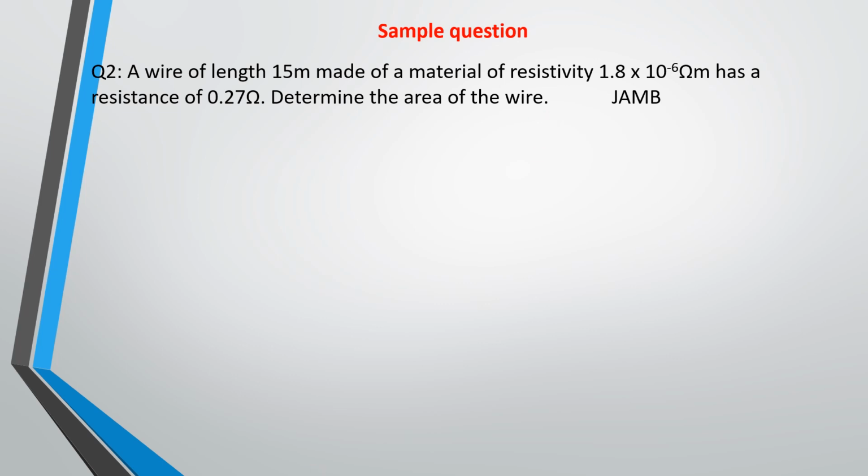Okay, so you are given the length to be equal to 50 meters, resistivity to be equal to 1.8 times 10 raised to power minus 6 ohm meters, and resistance to be equal to 0.27 ohm, and you are asked to find the area. This is what you are looking for.